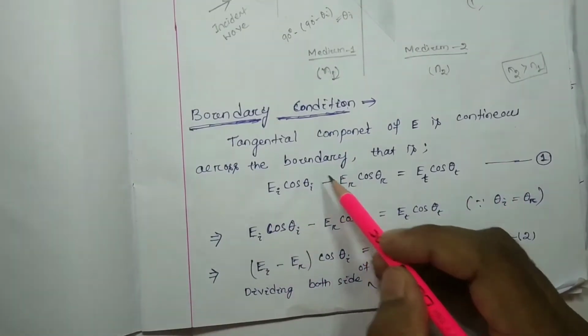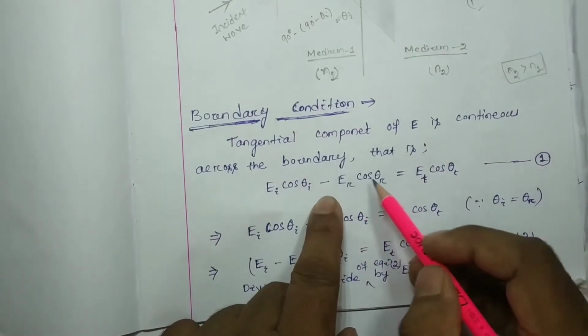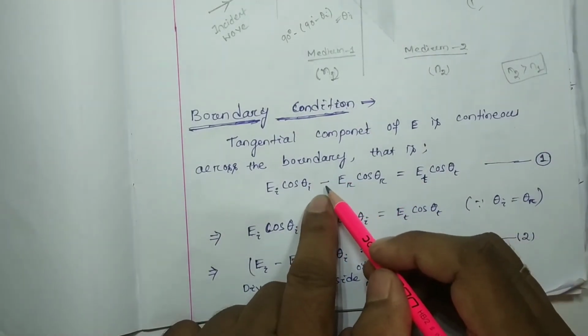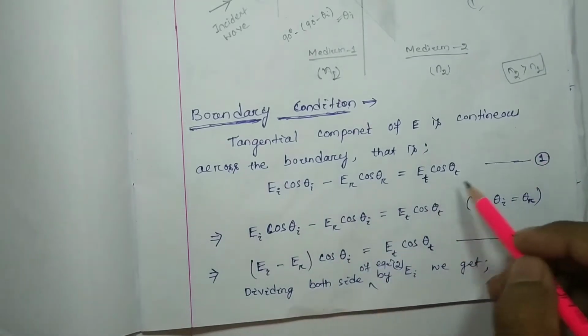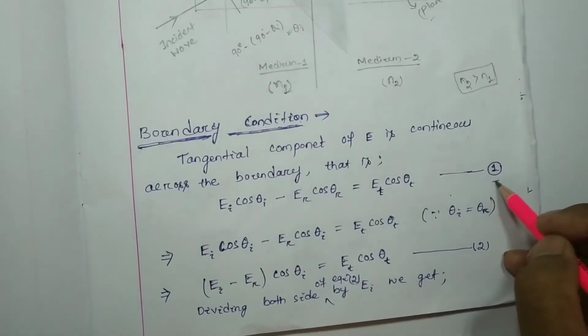So EI cos theta I minus ER cos theta r will be equal to ET cos theta t. Let this be equation number 1.